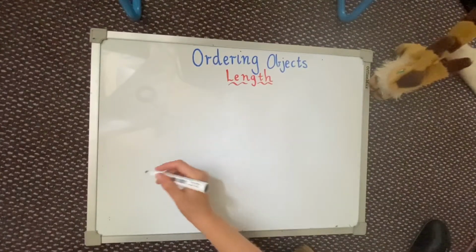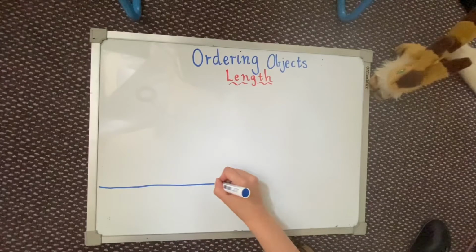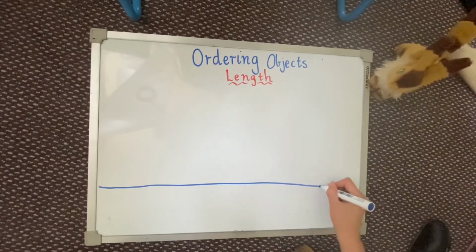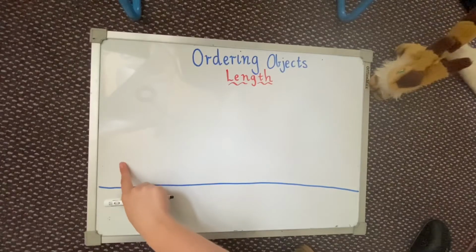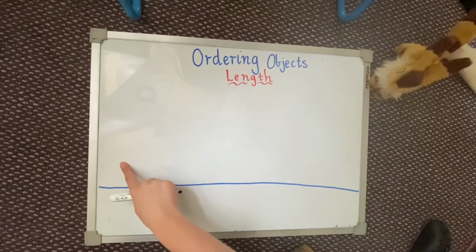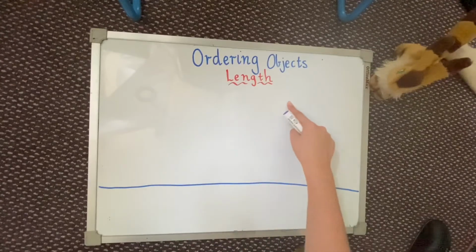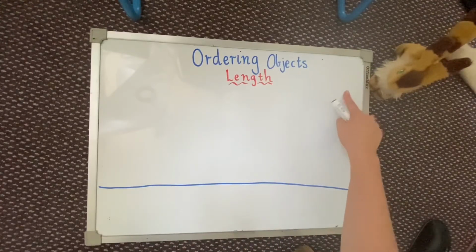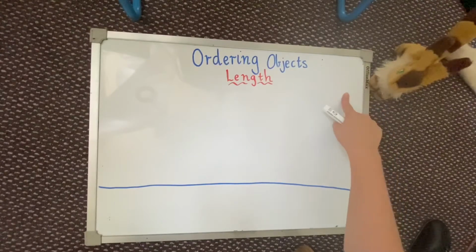So in here, I'm going to draw my objects from shortest to longest. I'm going to start over here with the shortest one, and the objects will get longer and longer until we get to here. Our longest one will be over here on the right.